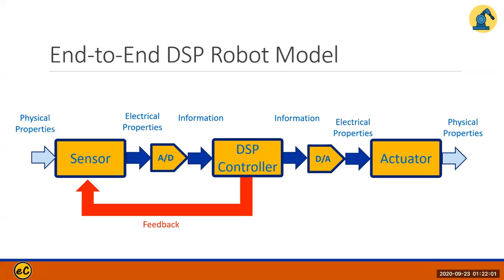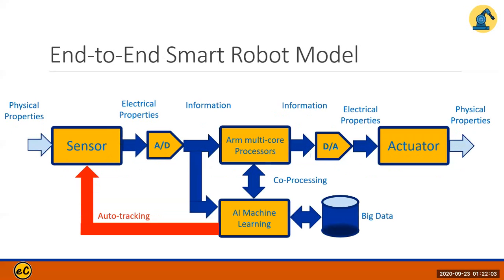and then actually changes the environmental properties. And if you add some AI learning portion, the diagram will be like this. You have a physical property, you convert it by a sensor to an electrical property, and you convert it to digital, and then that data will be sent to the processor and also to the machine learning portion. And then from the past data, you learn the model, and you train your learning model with big data.